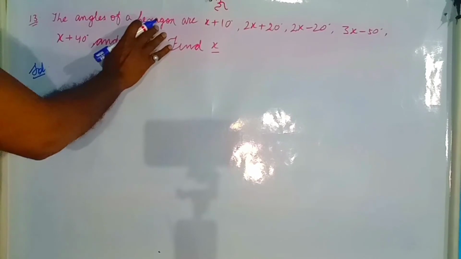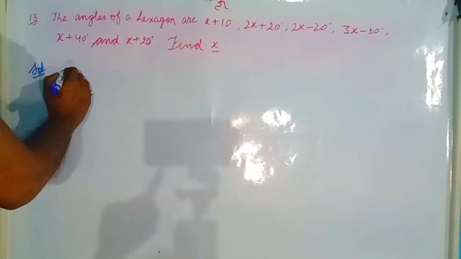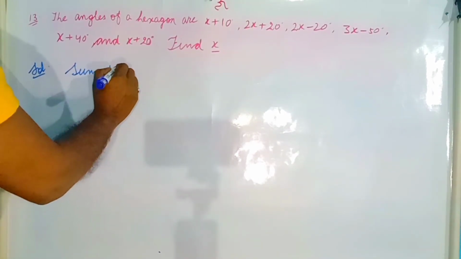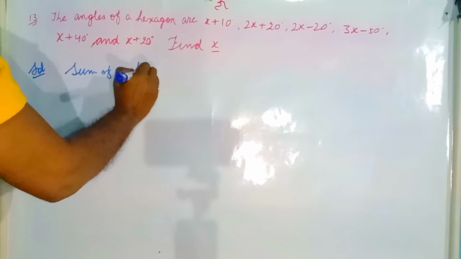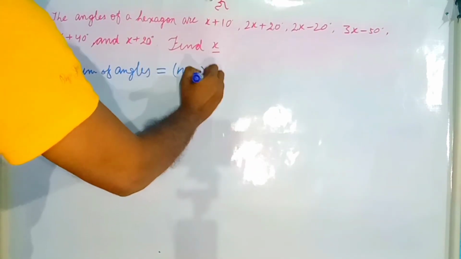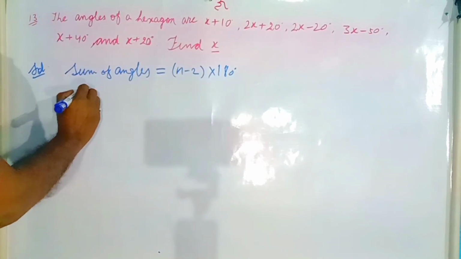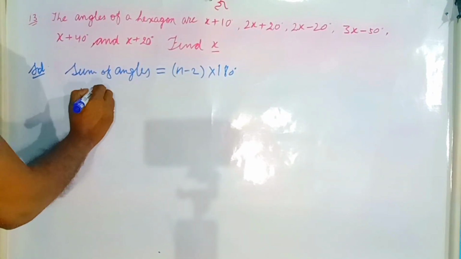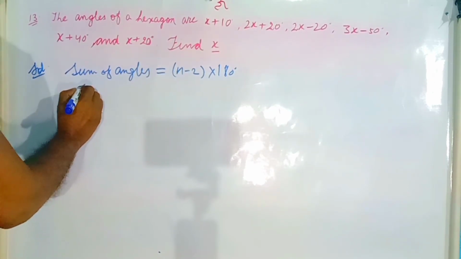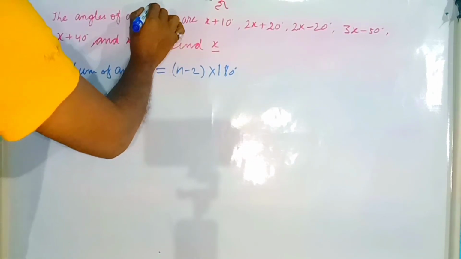See, the angles of a hexagon means it's a 6-sided figure. So first we will write the sum of angles equals to n minus 2 into 180 degrees. Now in the place of n we will write 6, as we know that it's a hexagon, a 6-sided figure.